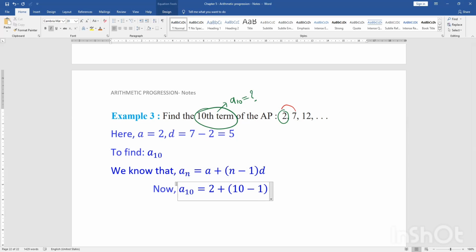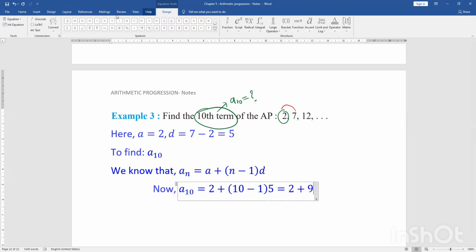The d value is 5, right? So it's equal to 2 plus, 10 minus 1 is 9, 9 into 5. 9 fives are 45. First you have to multiply the 9 and 5 together, and then you have to add it up.